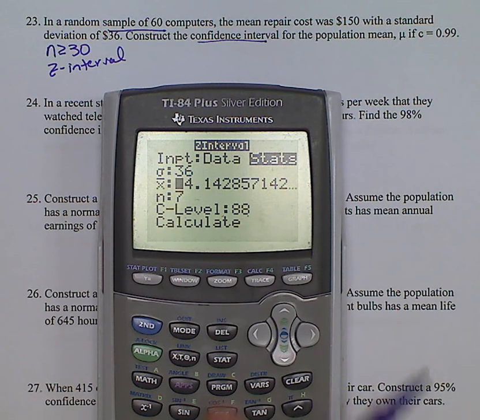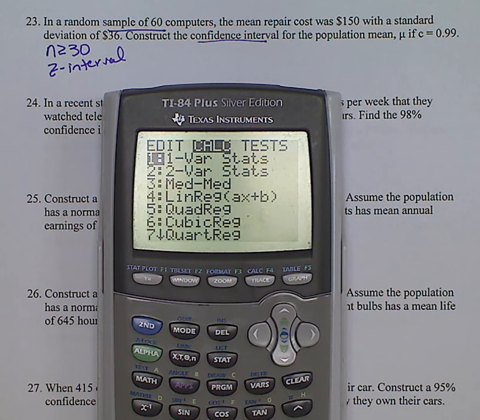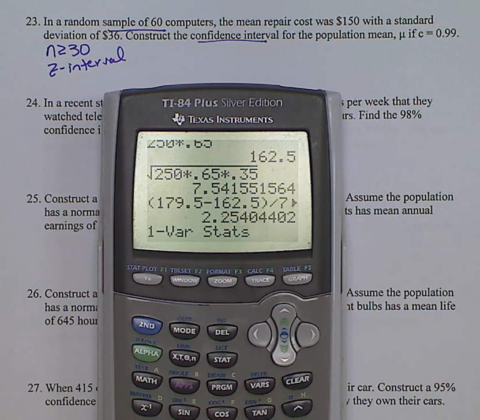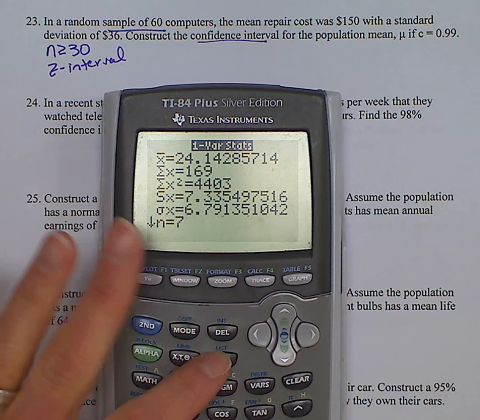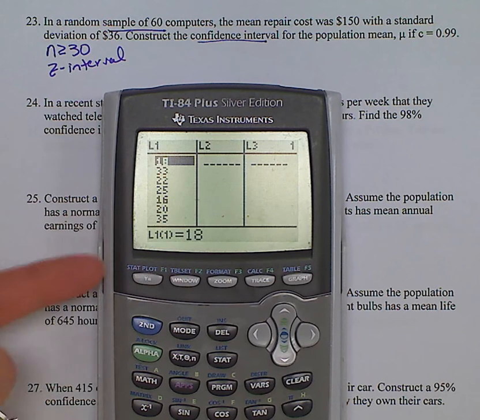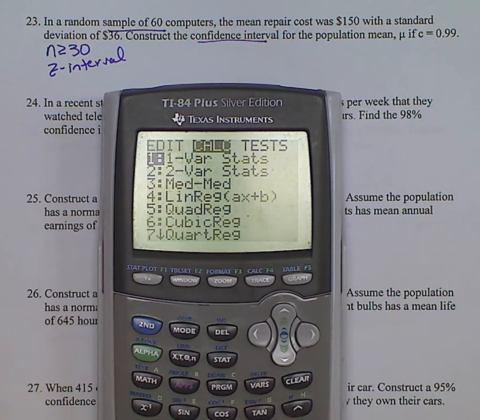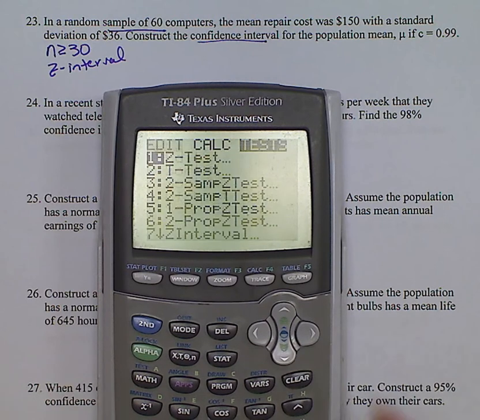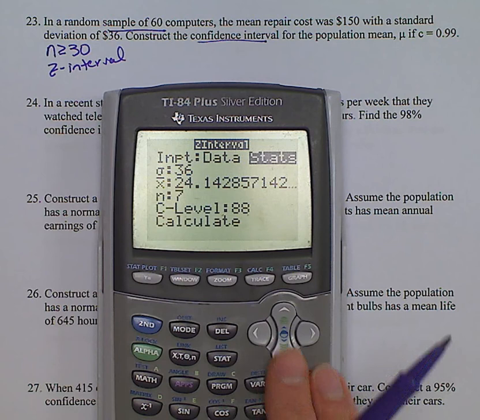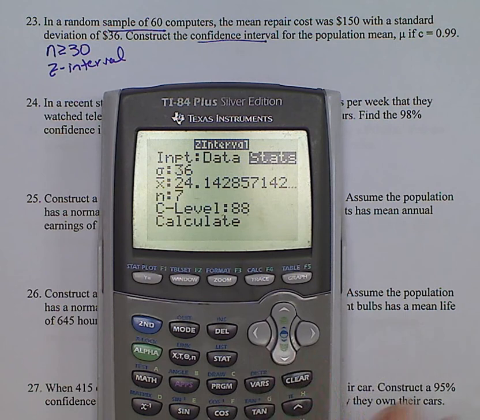Go into Stat, go to Calculate, select the one variable statistics, and make sure you get some statistics here. If you don't, make sure you have some numbers in a list, then hit Stat, Calculate one variable statistics. Now when you go into that test, you will be able to perform the confidence interval.